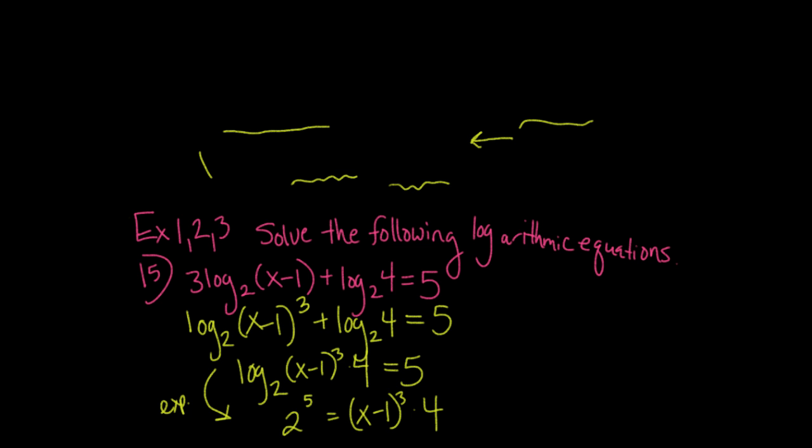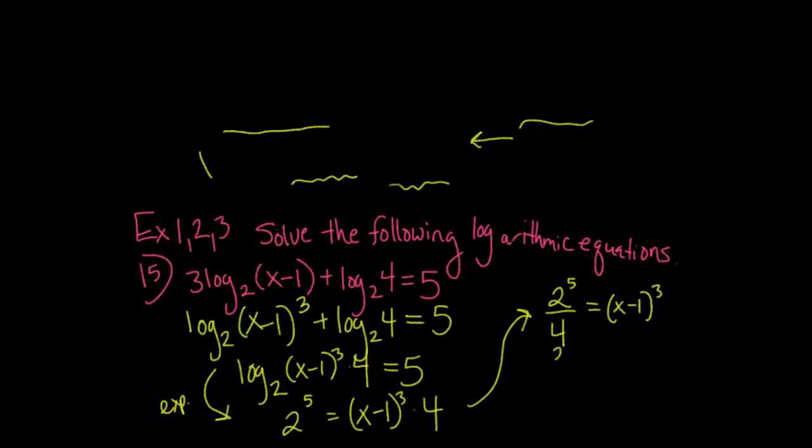Now we have an exponential equation, and we're going to continue this. So 2 to the 5th, I'm going to simplify that because I want to bring that 4 over. So it's 2 to the 5th over 4, which is equal to x minus 1 cubed.